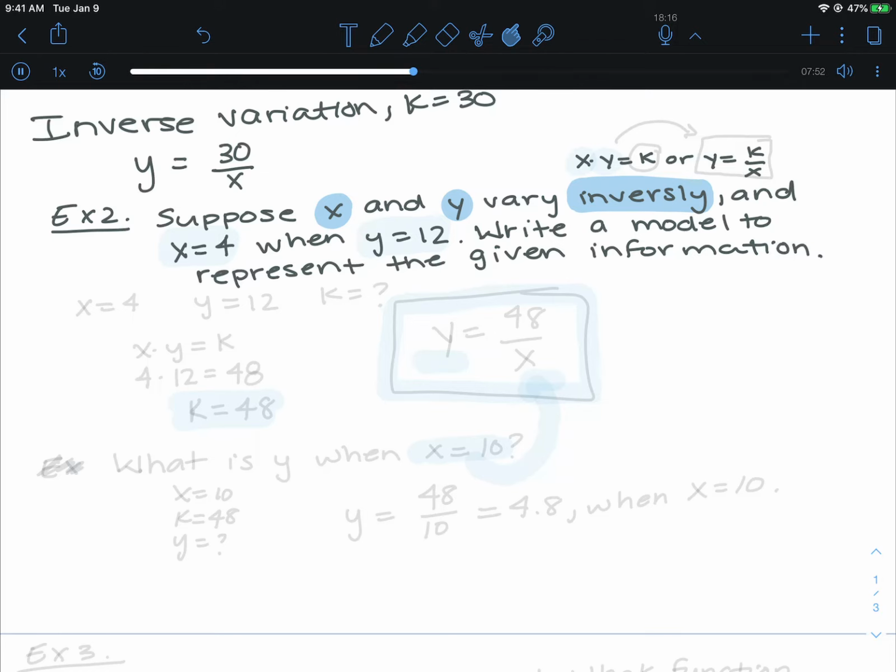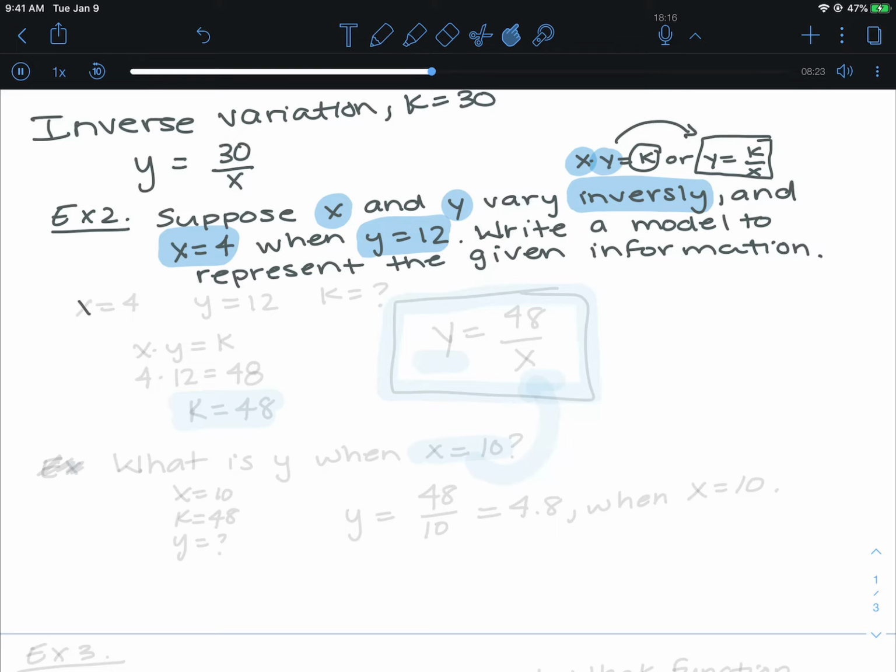They also told you that x is 4 and y is 12, meaning you should be able to find k in this situation. They want us to write a model to represent the given information. Well, the model is going to be this right here, so we just need to use this equation.